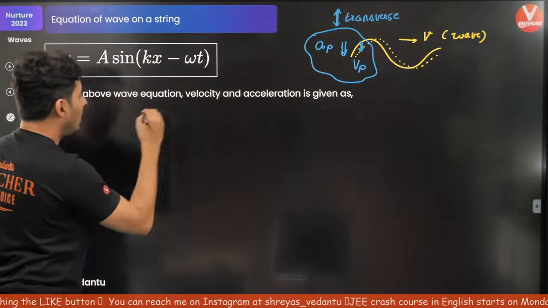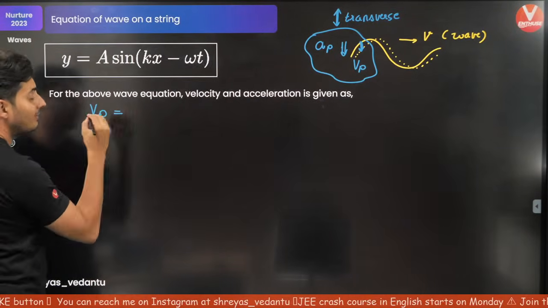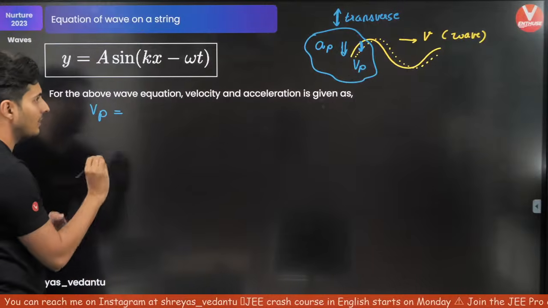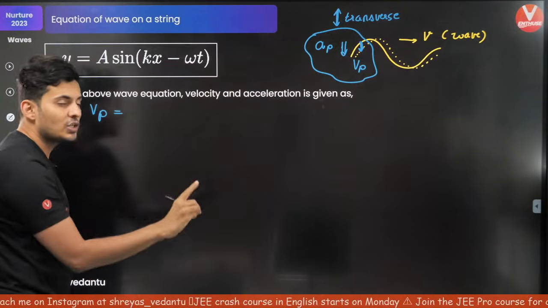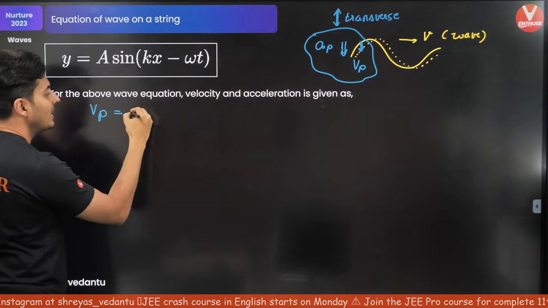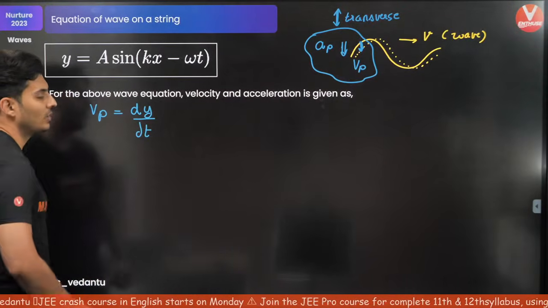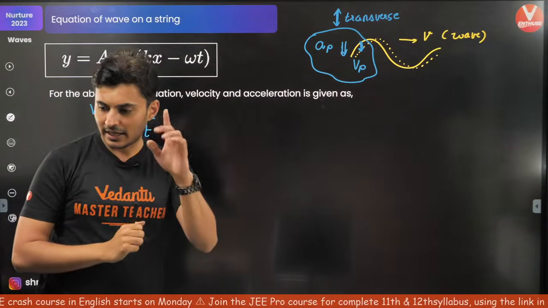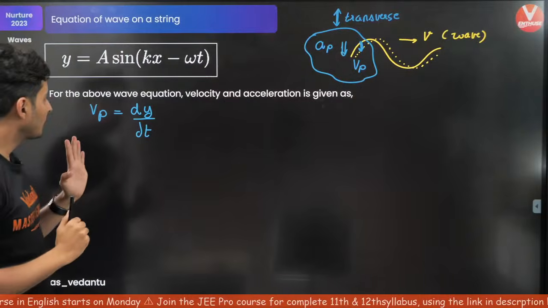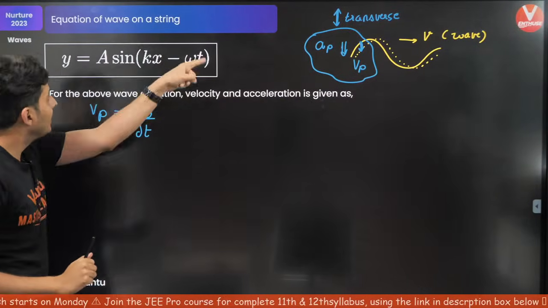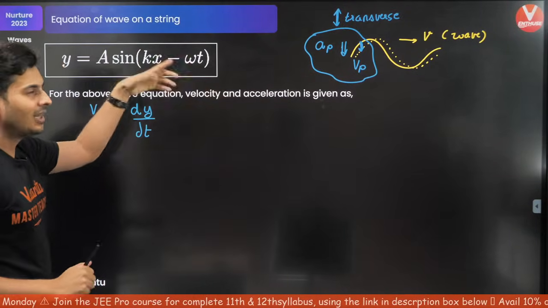So the velocity of that particle will be given by, think carefully, the rate of change of the y coordinate. That means it will be the derivative of the y coordinate with respect to time. Correct. Now, when you take the derivative of this function, how will it look?